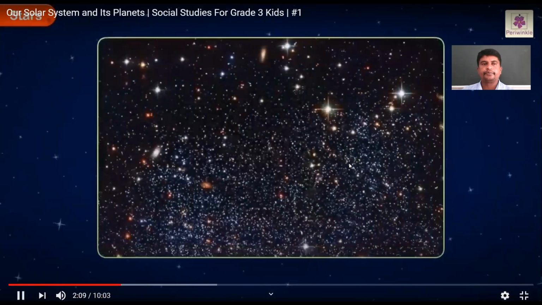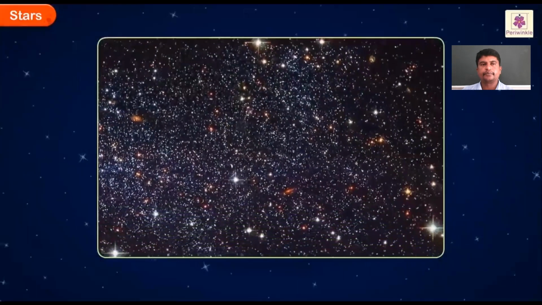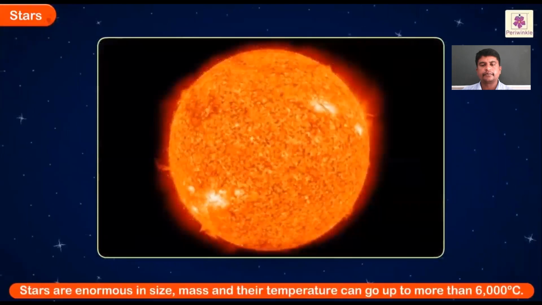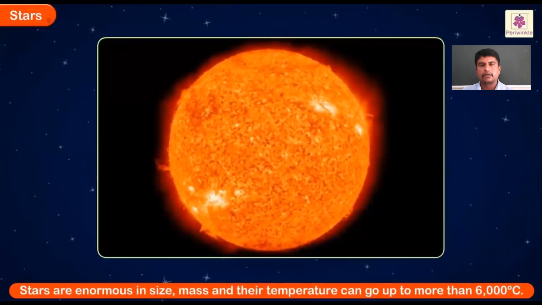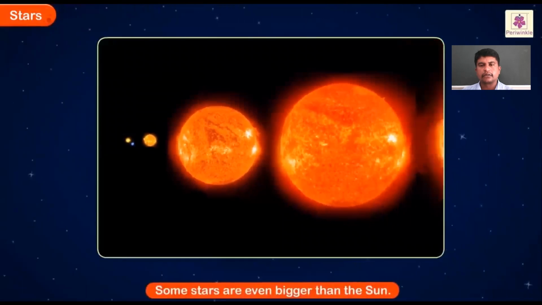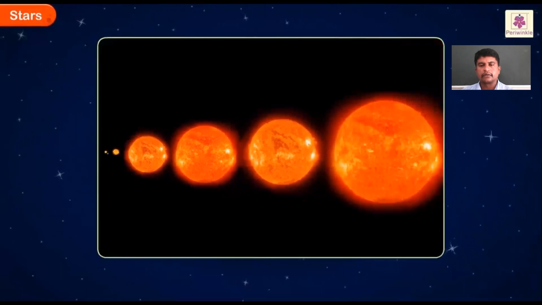There are billions and billions of stars in the universe. They are enormous in size and mass, and their temperature can go up to more than 6,000 degrees Celsius. Some stars are even bigger than the sun.